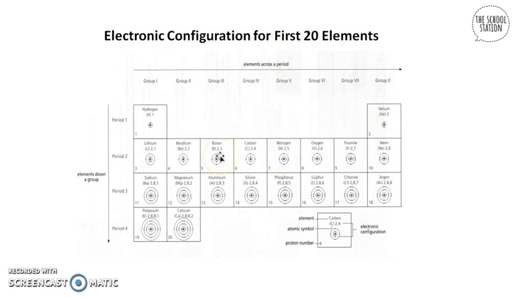If we look at this clearly, we can see that, for example, beryllium has the electronic configuration 2,2. The second shell can only hold up to 8 electrons, and as you can see, beryllium needs 6 more electrons to fill up its outer shell. This means it's a long way for its outer shell to become full.